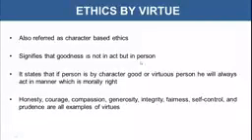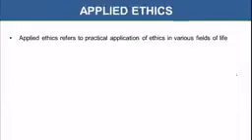Honesty, courage, compassion, generosity, integrity, fairness, self-control and prudence are all examples of virtues. So ethics by virtue mainly focuses on your character, and if by character you are a good person, you would be doing what is morally right. And if you are by character a wrong person, even if in some situation you may act rightly, you are not morally a correct person.